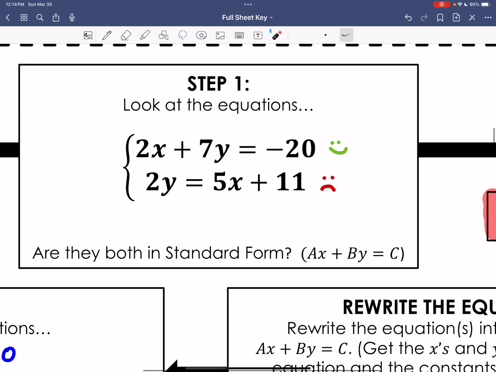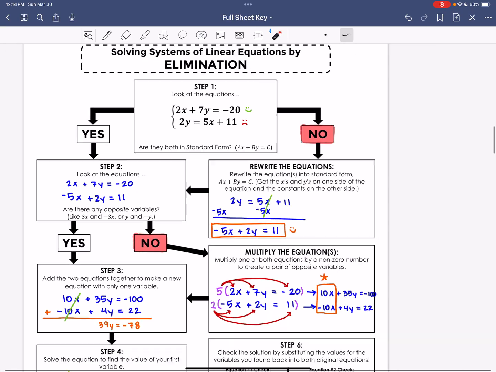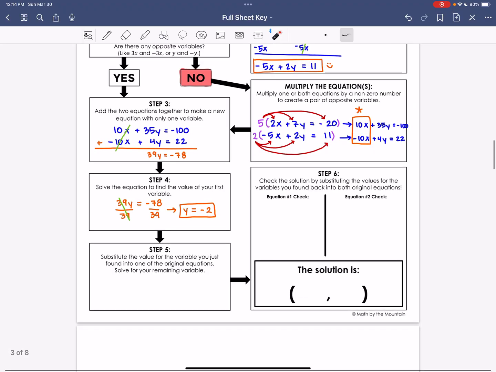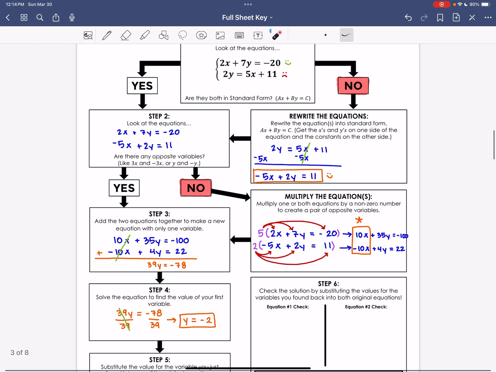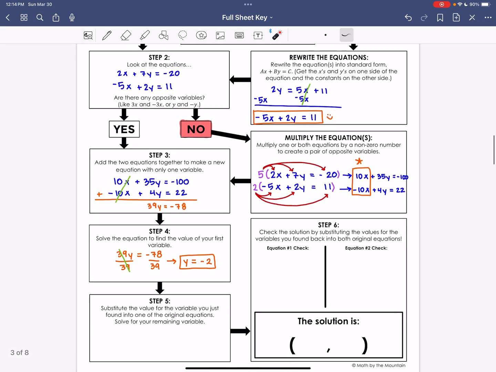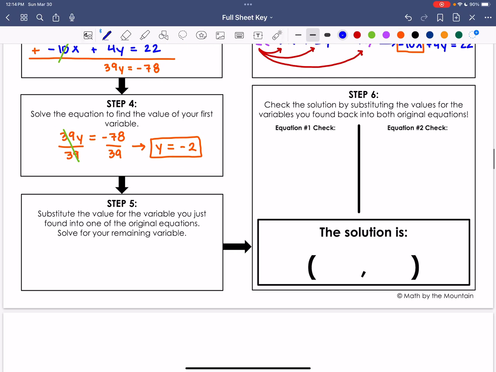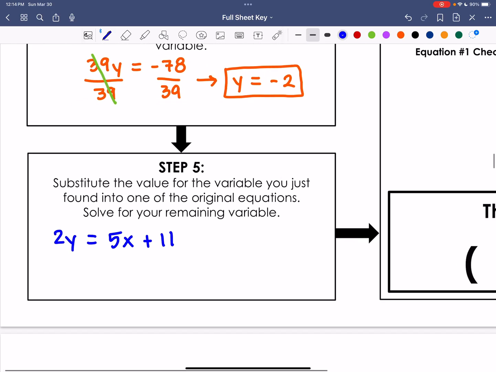Looking at our two equations, I don't have a super strong preference either way, but I think I'm going to choose the bottom equation just because 11 is smaller than dealing with a 20. But you can choose whichever you want. So I'm going to copy down that original second equation of 2y equals 5x plus 11. And then I'm going to substitute in -2 for y.